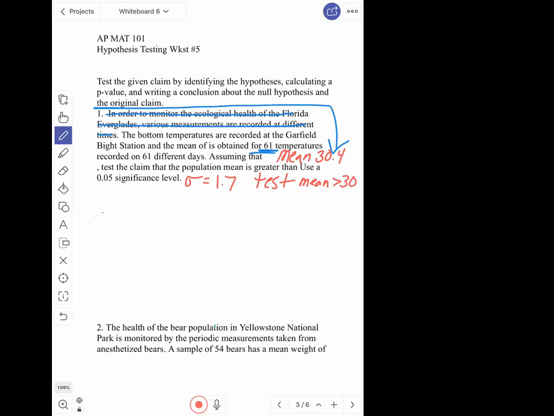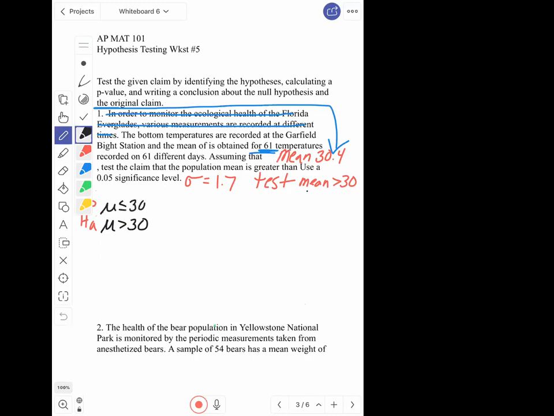So what we need to do, according to the steps from the last page, is first identify our null and alternative hypotheses. Because we need an equal sign for our null and we want the mean greater than 30, that's going to be the alternative hypothesis. Again, there's no equal sign in there, so it can't be the null. That means that the null has to be less than or equal to 30.